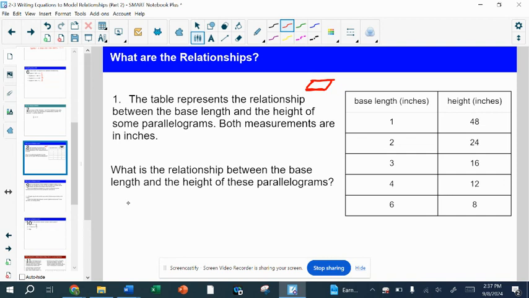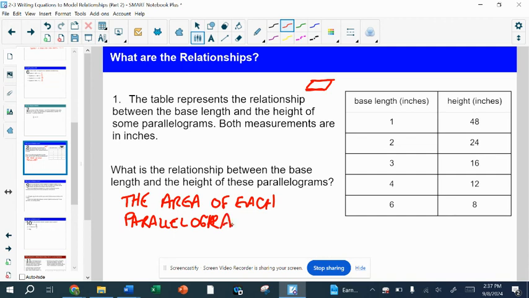The area of each parallelogram, that's R, is 48. Now this is an area and these are measured in inches, so this should be square inches.